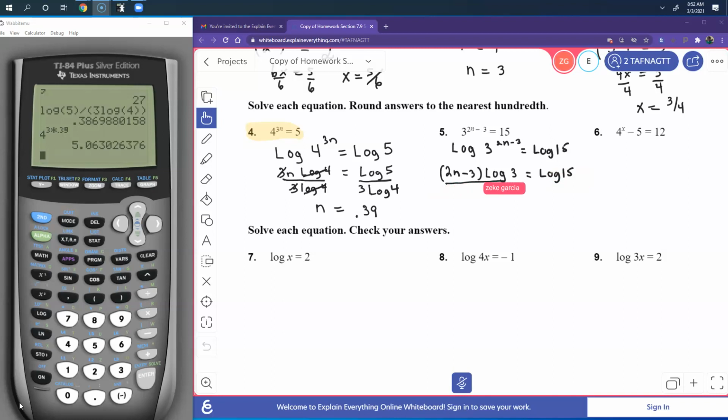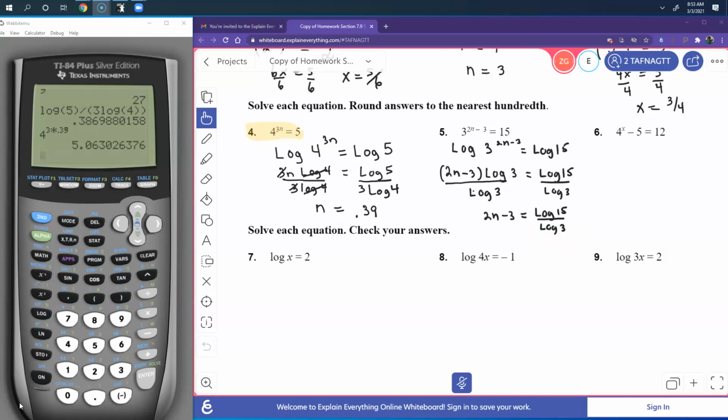Go ahead and divide by the log of 3. So you have 2n minus 3 is equal to the log of 15 divided by the log of 3.